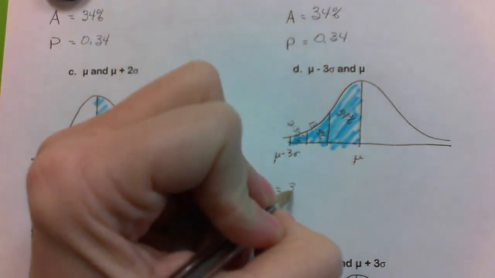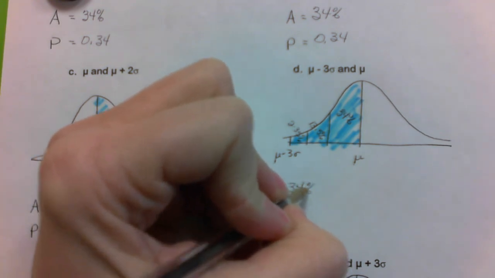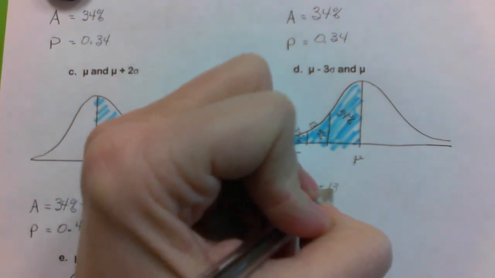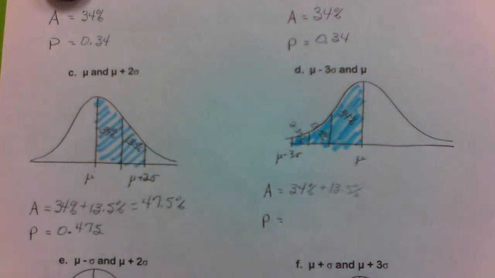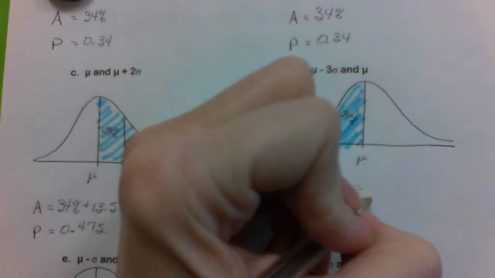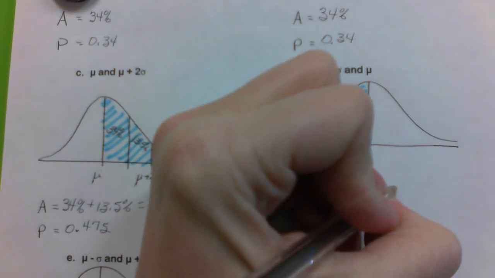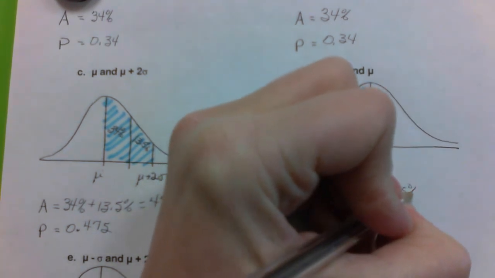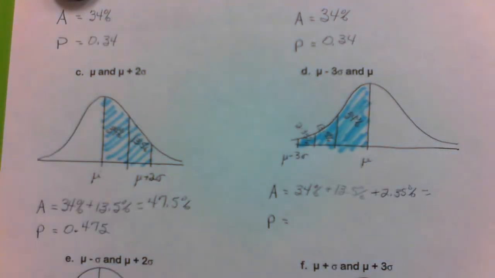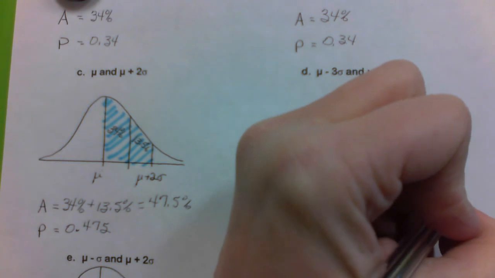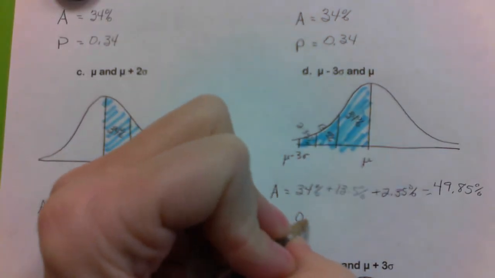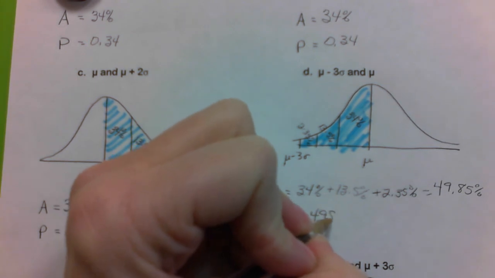So we would add 34% plus 13.5% plus 2.35%. Just a second, I think my pen's starting to run out of ink, which is not good. When we add all of those, that gives us 49.85%. And again, as a probability, that would be 0.4985.